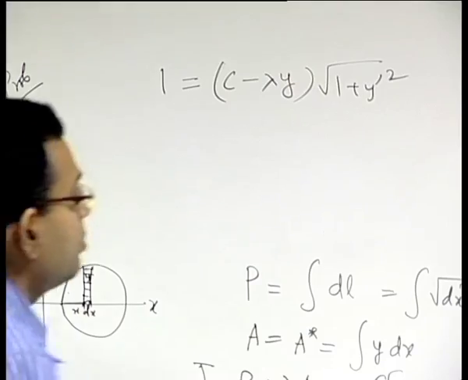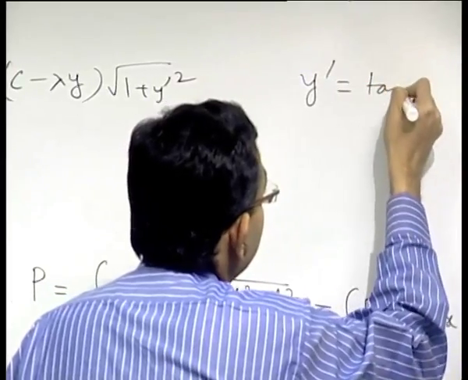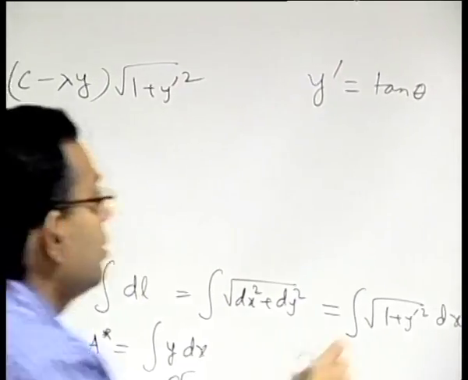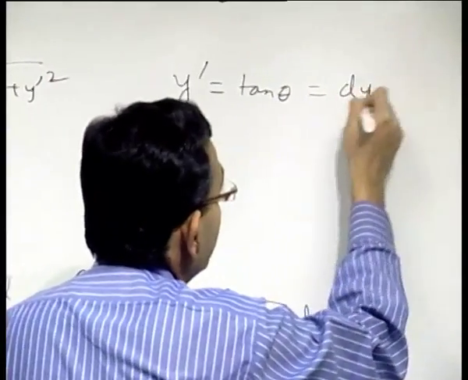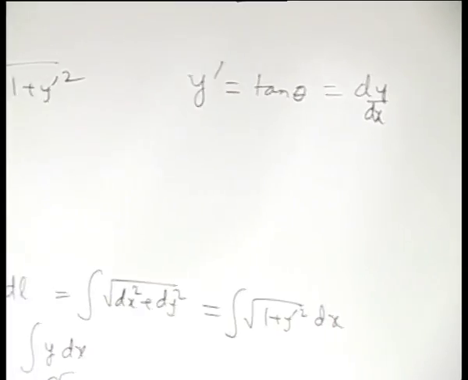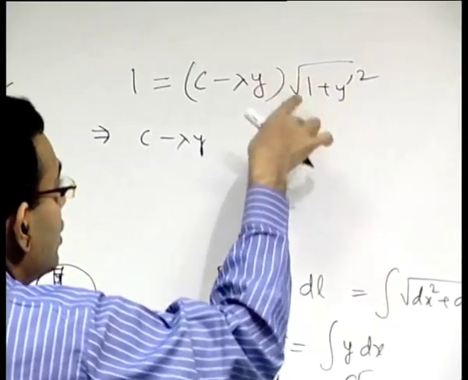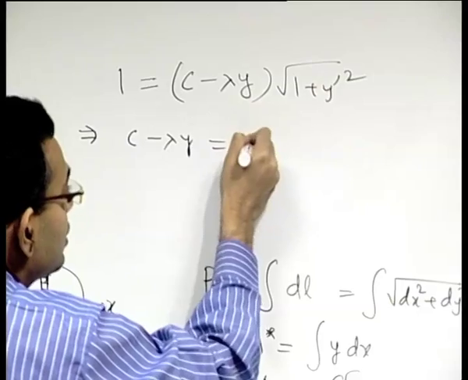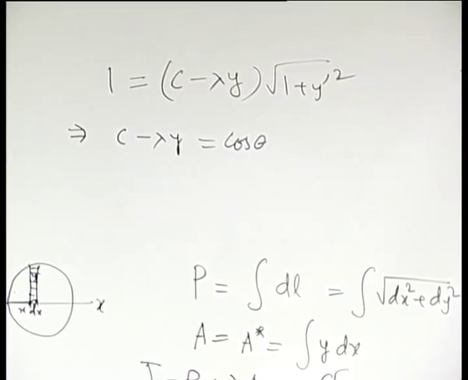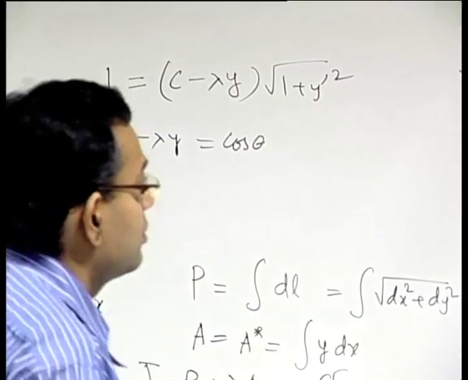So, for further simplification you can write say y prime as tan theta. So, that is nothing but dy dx. So, you just give it a name tan theta. So, that will mean that c minus lambda y, this is 1 plus tan square theta, sec square theta. So, that will go to the other side and will become cos theta. So, that means you get an expression for cos theta.